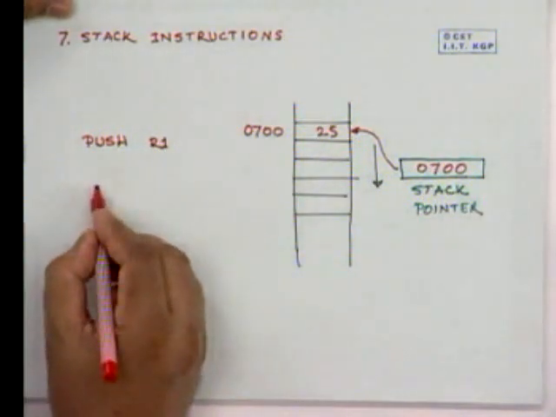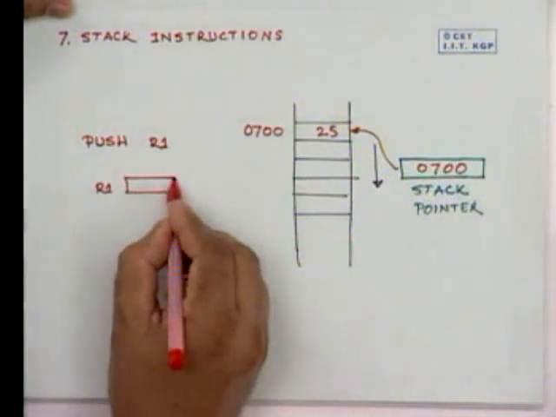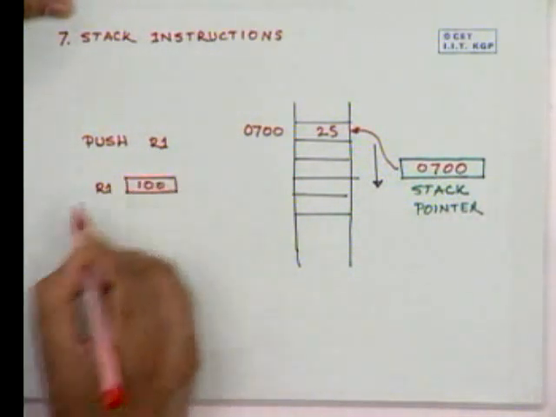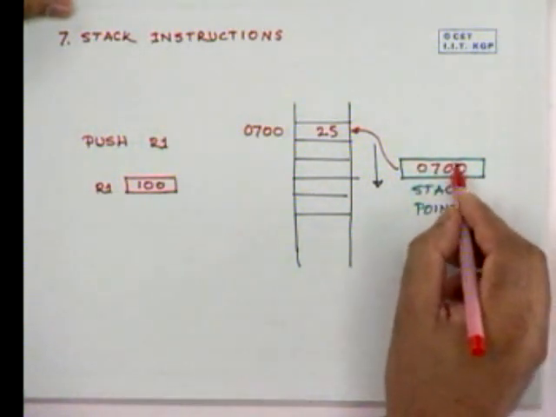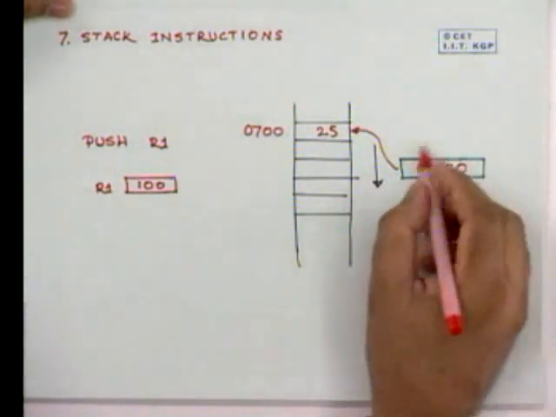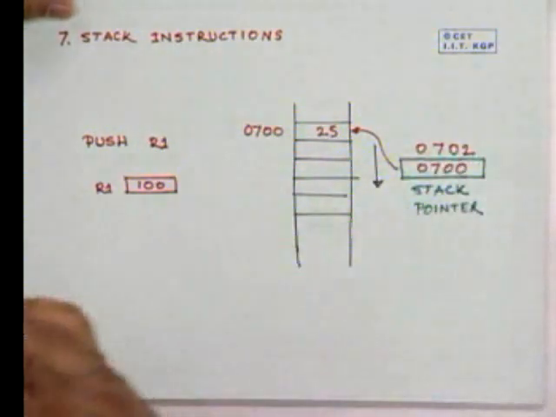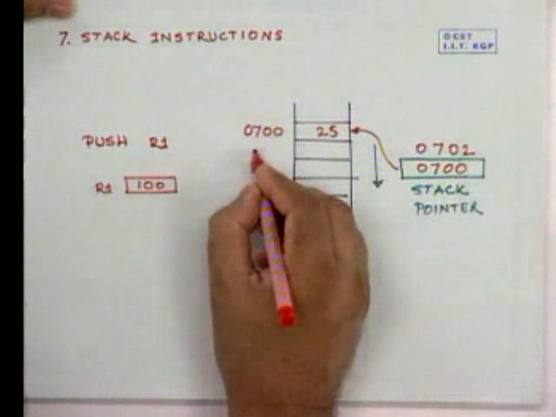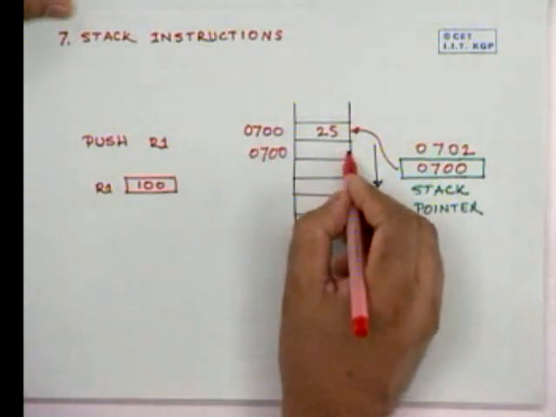Say the content of R1 is 100. What happens is the stack pointer will be automatically incremented first. Say it will contain 0702, which means the next location of the stack cell.